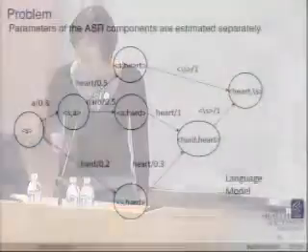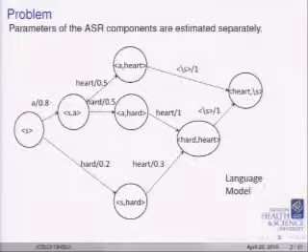Okay, hi. So I'm going to talk about discriminatively estimated joint acoustic duration and language model for speech recognition. This is work I am doing with Izhak Shafran. In current speech recognizers, the parameters of the components are estimated independently. What I mean is that the parameters of the acoustic models and the language models are independently estimated.